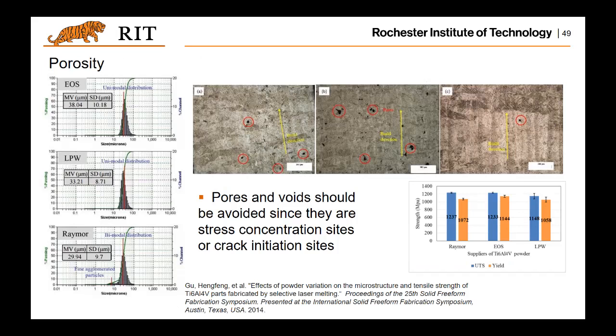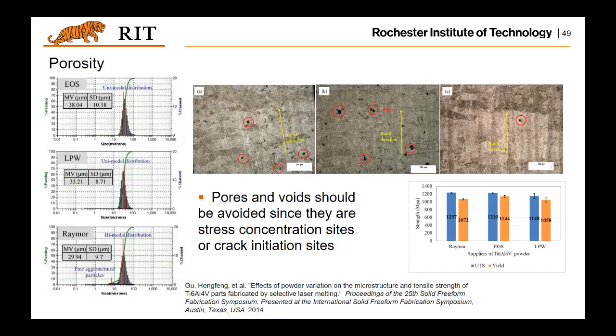So the pores and voids are defects during the process, and these should be avoided. If this happens, there will be stress concentration points, which could increase the possibility of cracking at such a point.